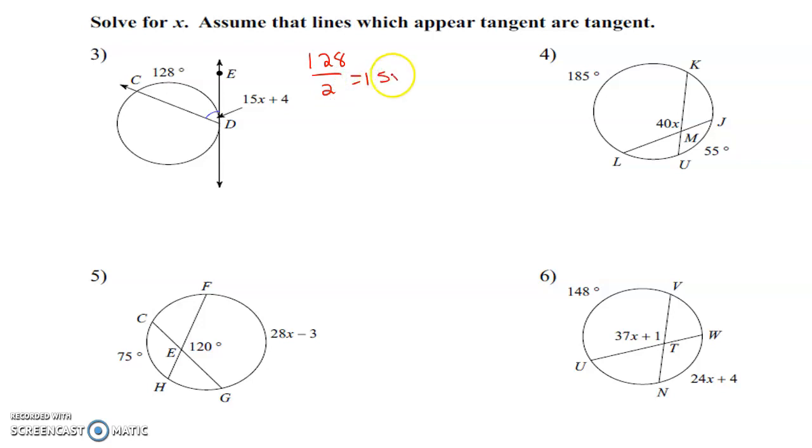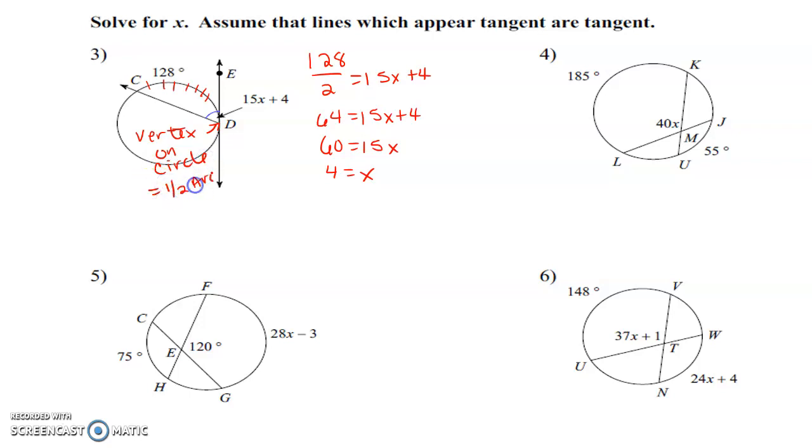That's 15x plus 4. And it was just when the vertex is on. So it equals 1/2 of the arc.